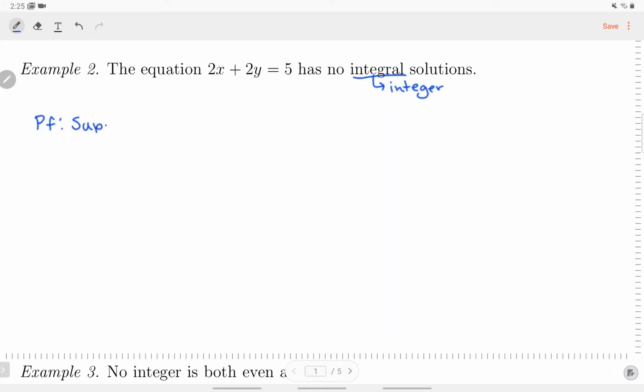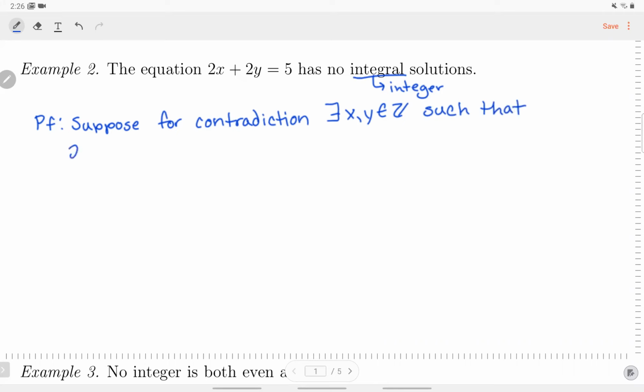Suppose for contradiction, there exist x and y in the integers such that 2x plus 2y equals 5.